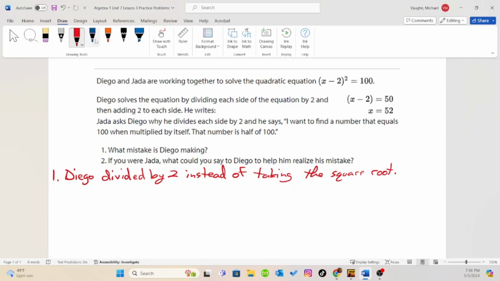Number 2. If you were Jada, what could you say to Diego to help him realize his mistake? I would ask him what the opposite of squaring was.